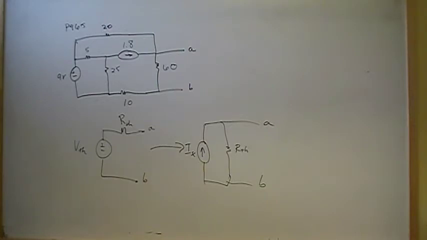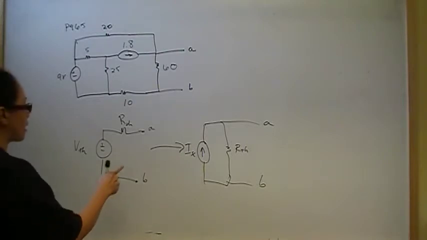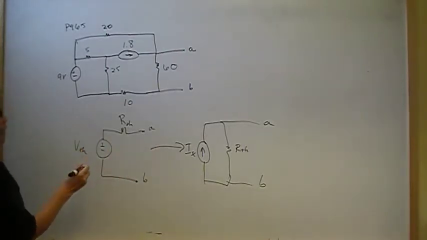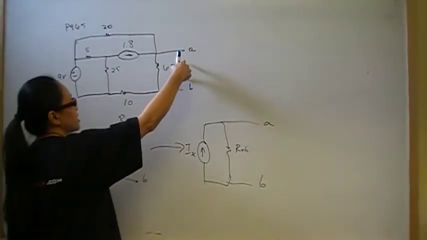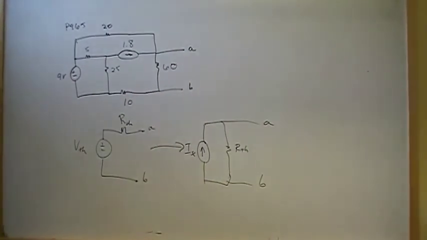And then to find the R Thevenin, we can remove the power sources. In this case, we would short the voltage sources and open the current sources, and see what resistance is seen by the load. So that's how we could find our R Thevenin that way.